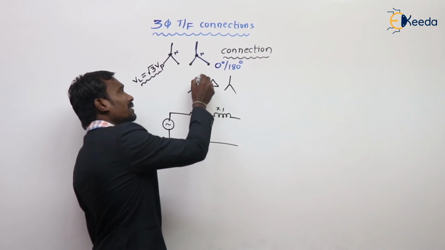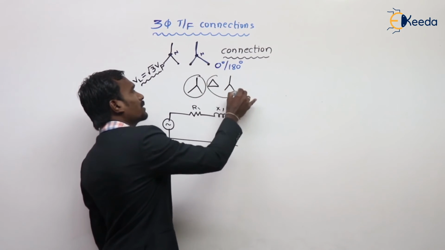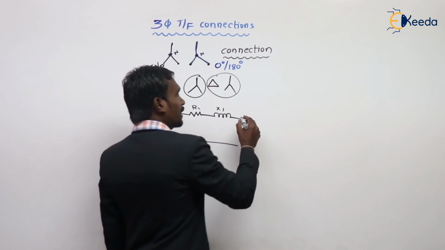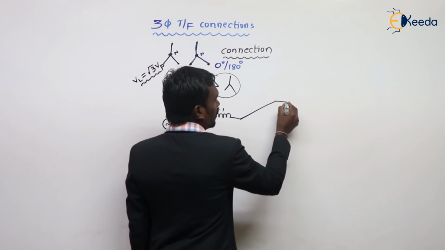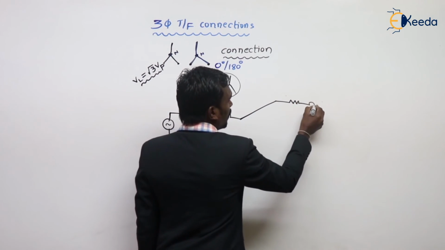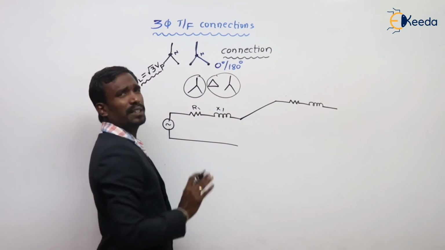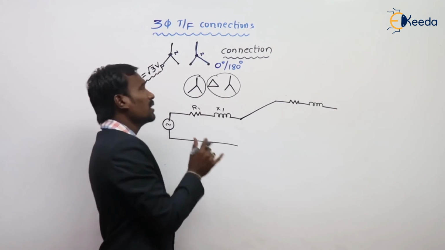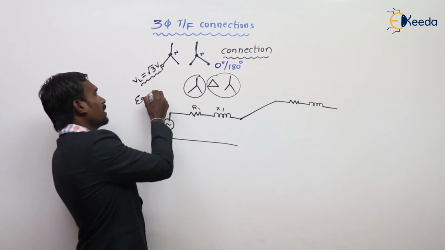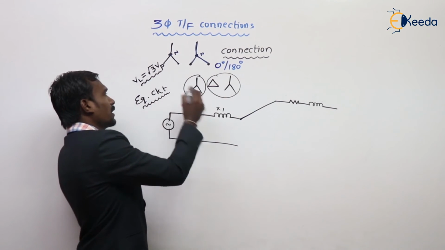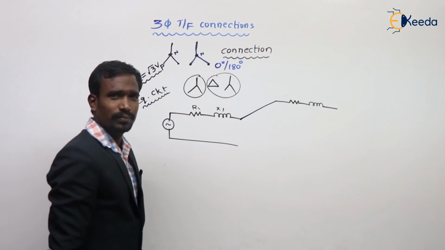We have only a single primary and two secondary windings. This is one of the secondaries, which is already transferred. This is the equivalent circuit of tertiary winding.